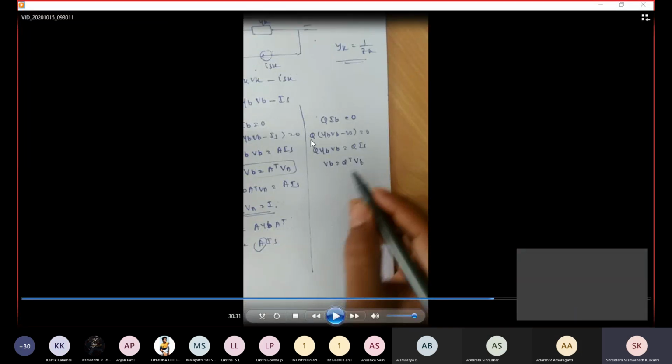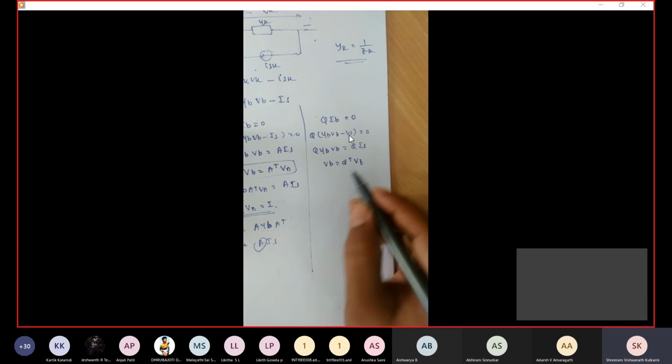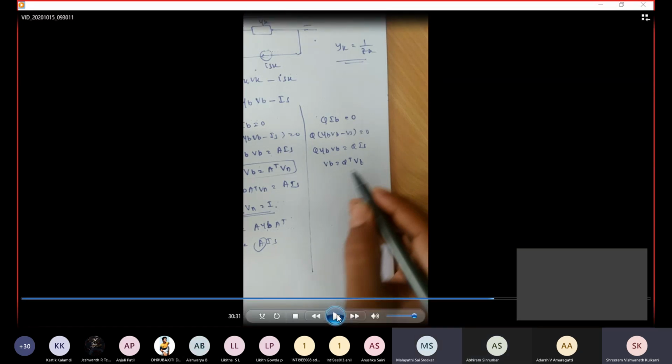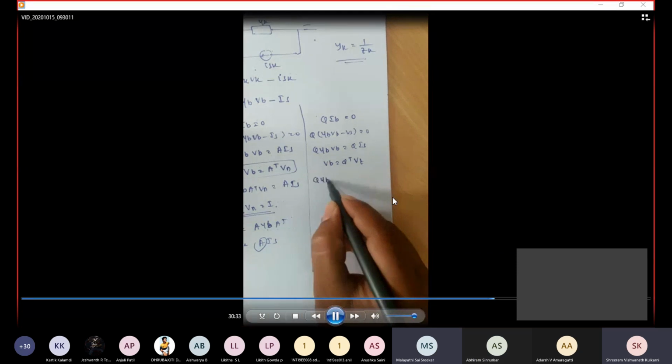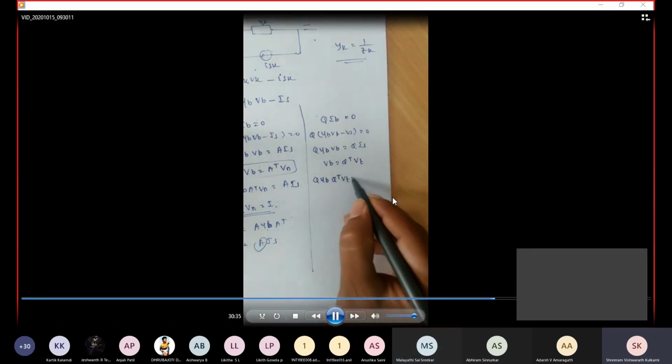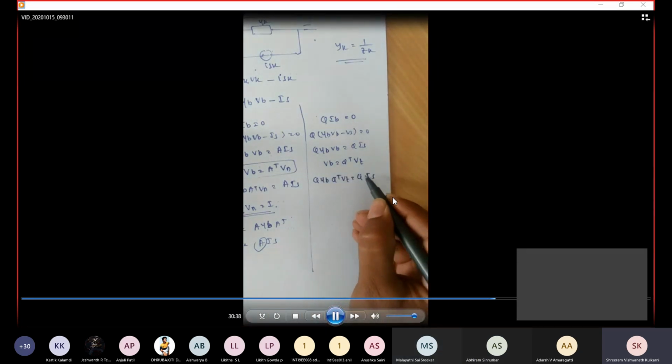See here, I have written Q into YB VB minus IS equals 0. That is VS or IS? Minus IS, is that correct? Yes, sir. Okay, if I simplify this, Q YB Q transpose VT equal to Q into IS.